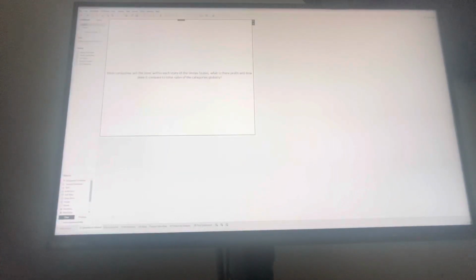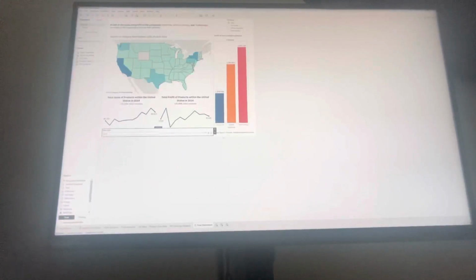Like I said, the question I had was which categories sell the most within each state of the US and how it compares to the global numbers. And we were able to look, a lot of the global numbers have technology as the overall highest profitable category. Within the US, we saw a lot of furniture being those.